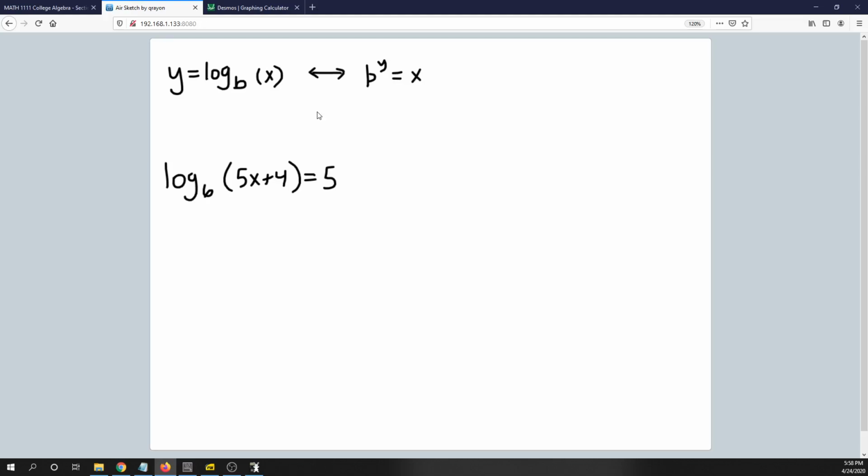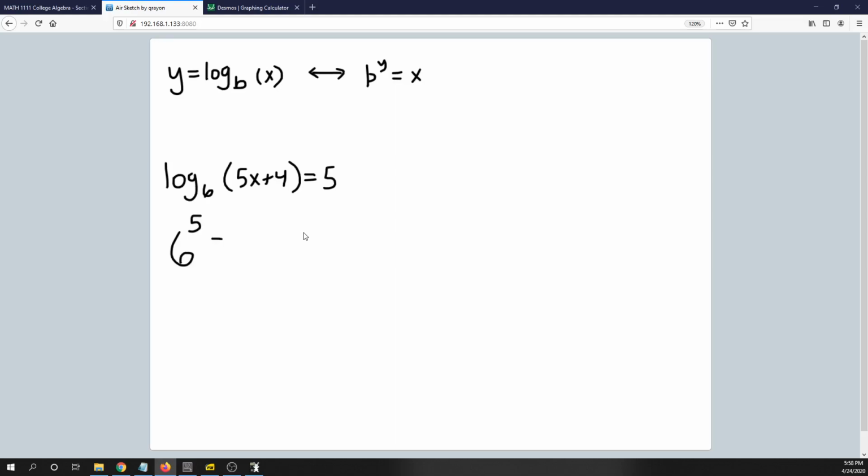All right, the base in this particular log is normally the part that I focus on first. So the base in this log is going to be 6. You can see that becomes the base of the exponential function in the exponential form. Then what the log is equal to, which is a 5 in this case, becomes the exponent on the base of 6.